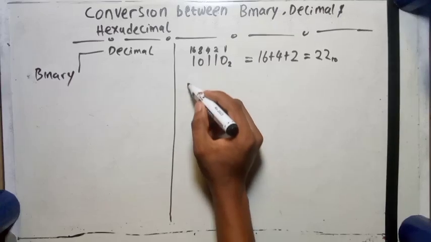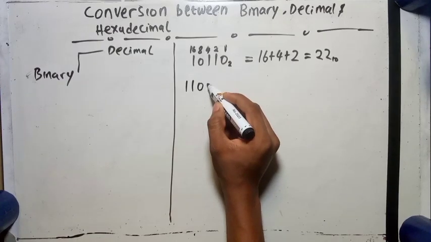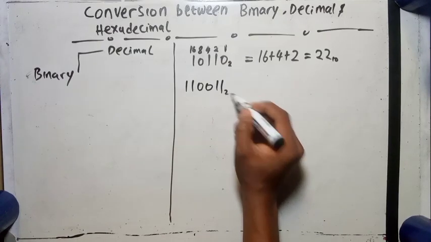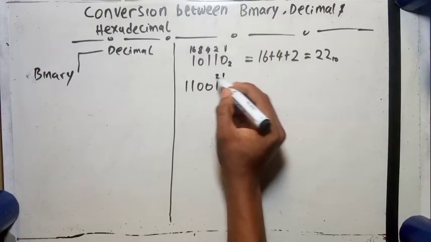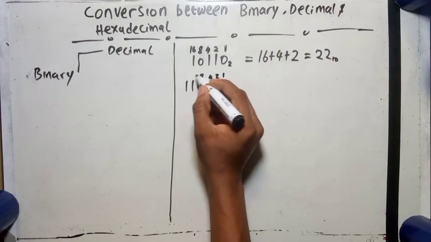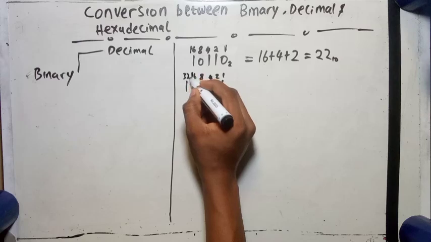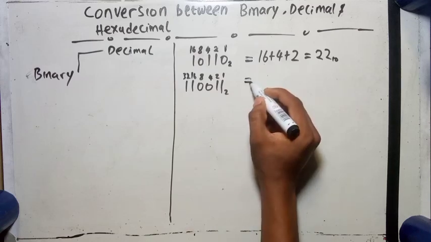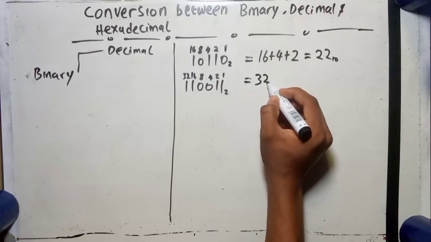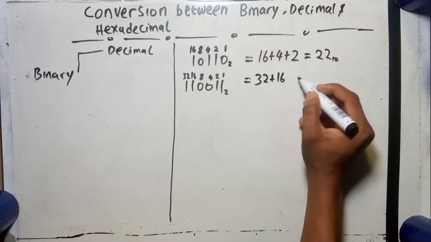Now, another example. Let's say you're given something like 1 1 0 0 1 1 in base 2. Convert to decimal. Let's go again: 1, 2, 4, 8, 16, 32. Now, anyone with zeros, you neglect those and take the rest. We're going to be having 32 plus 16.